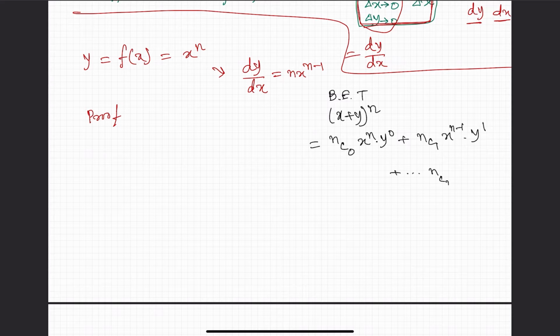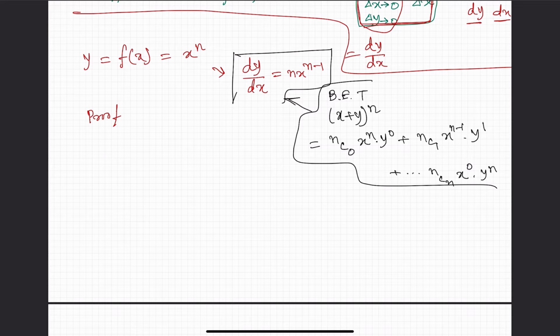The nth term will be nCn x to the power 0 y to the power n. We will be needing that to prove this one. Just for that I am using that.